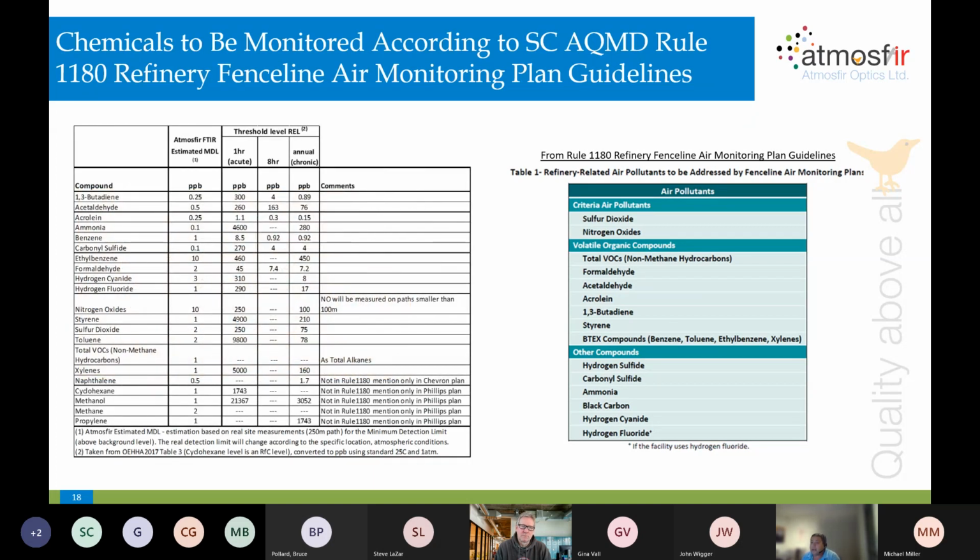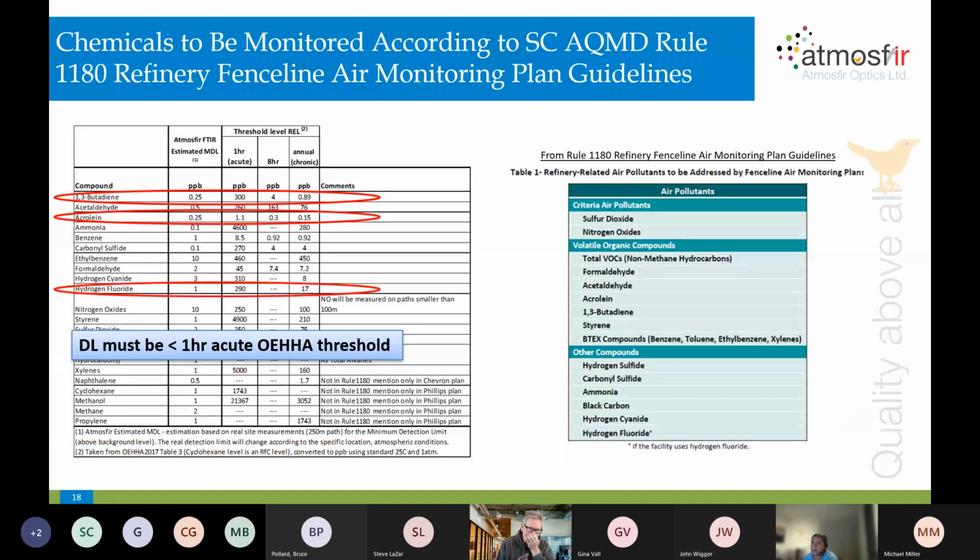So I looked at a wide list, or big list of contaminants, and what you can see is the 1-hour acute threshold, the 8-hour, and the OEHHA chronic threshold. Again, keep in mind the detection limit must be below the 1-hour acute OEHHA threshold.